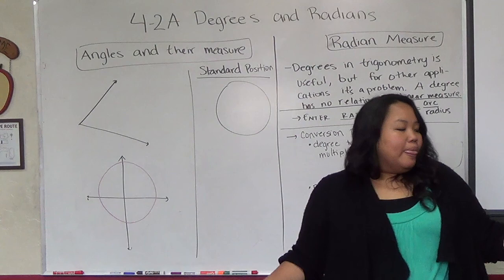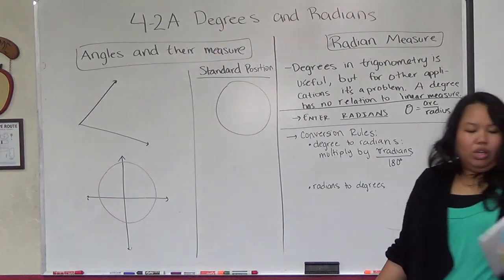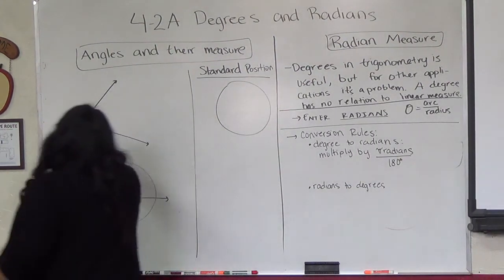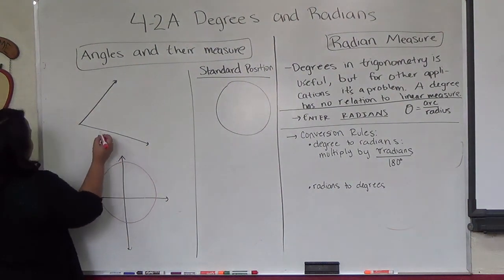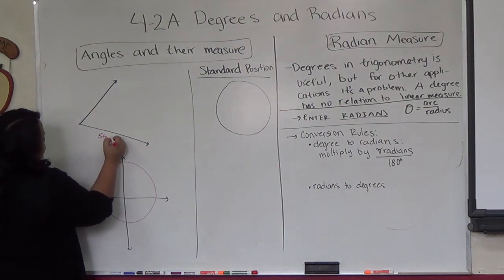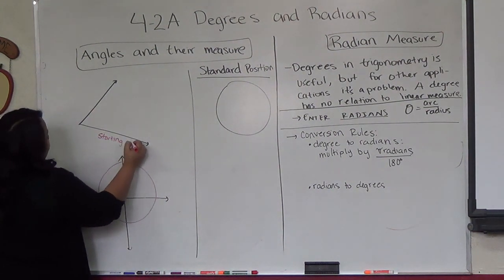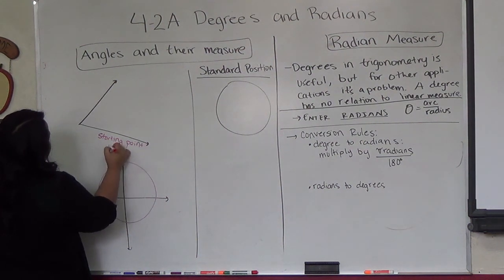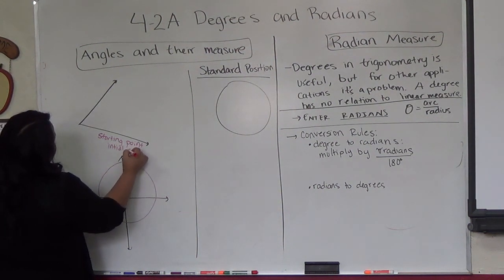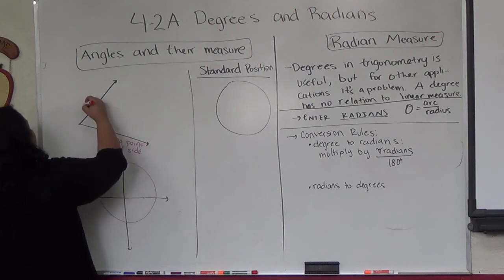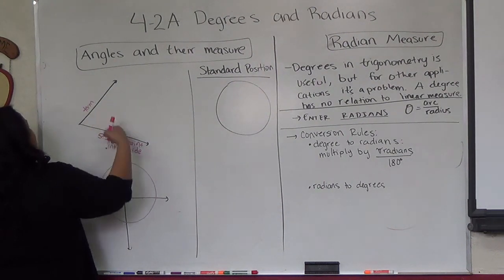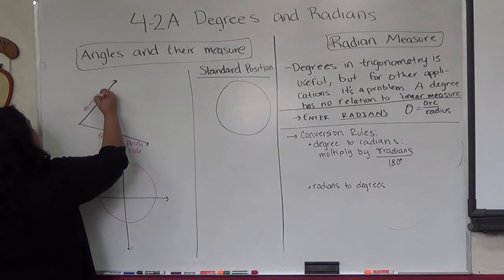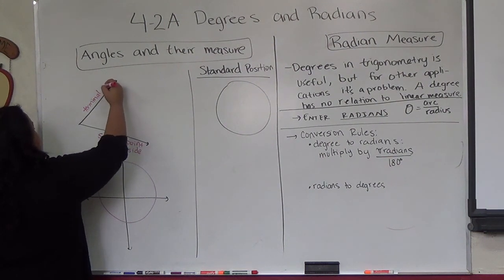Does that make sense? So this is the initial side right here. So your first side, this is your starting point. This is your initial side, and this is your terminal side. So this is your starting. What would this be? Ending. Ending. There we go.